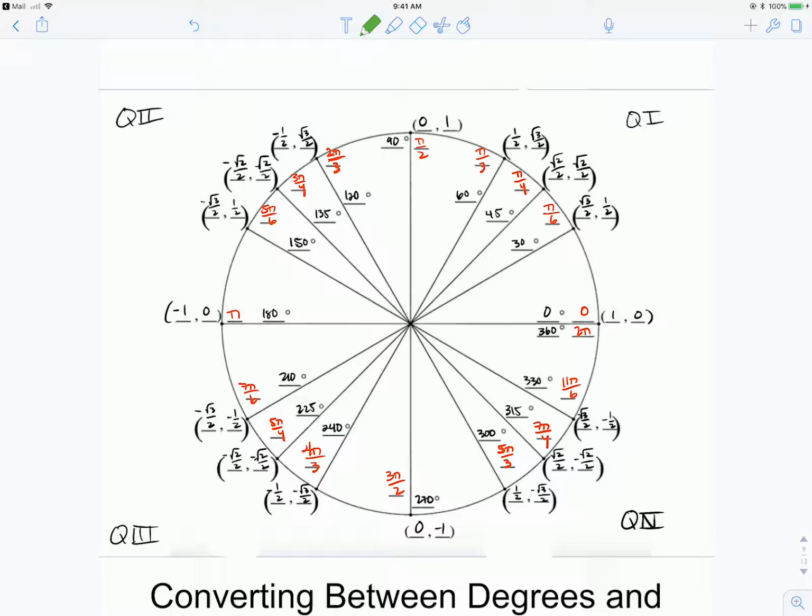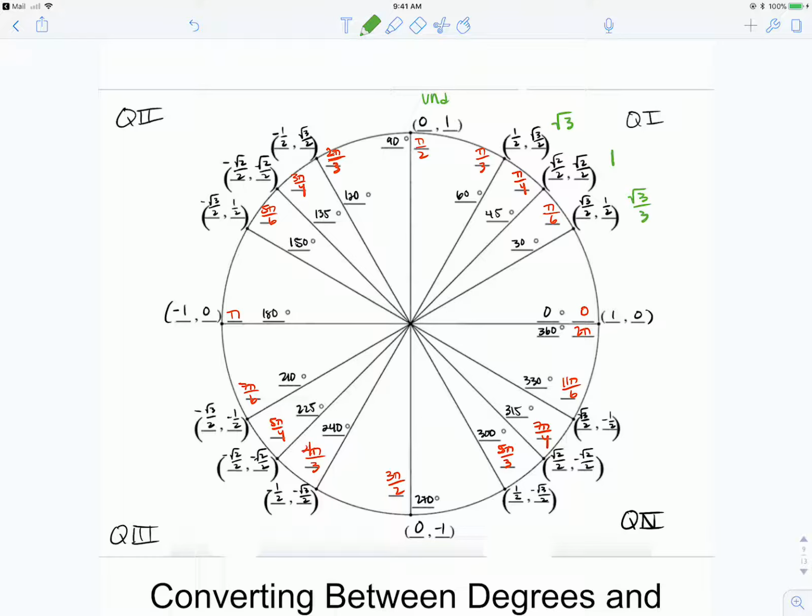So 1/2 over root 3 over 2 is going to give us root 3 over 3. Root 2 over 2 over root 2 over 2 would give us 1. And then root 3 over 2 divided by 1/2 will give us root 3. 1 divided by 0 is undefined.